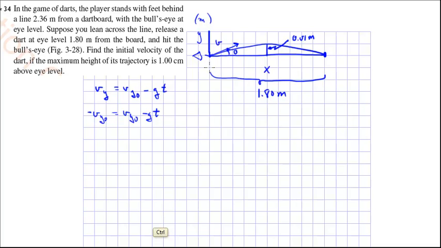In other words, if I have a Vy0 here, when it gets over to the dartboard, it's going to be equal and opposite, Vy0 pointing down. There's a negative right there. So I can solve this for t, and the result gives t equals 2 Vy0 over g. This is going to be the flight time for the dart.